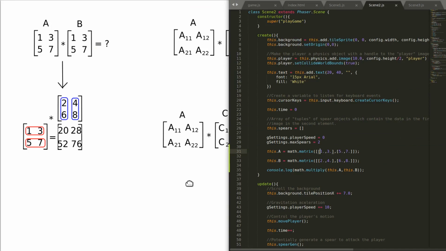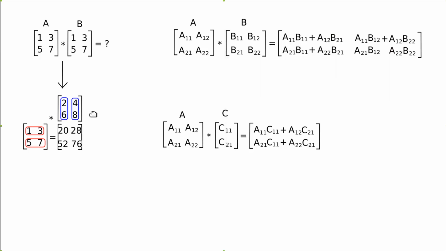I wanted to make sure it was row major and not column major because it varies between programming languages. And if I had these rows and columns flipped, and I had instead of 1, 3, 5, 7, I had 1, 5, 3, 7, and instead of 2, 4, 6, 8, I had 2, 6, 4, 8, the answer would be completely different, and so it would be wrong actually. So that's the important thing, is to make sure that we have this all sorted out correctly.